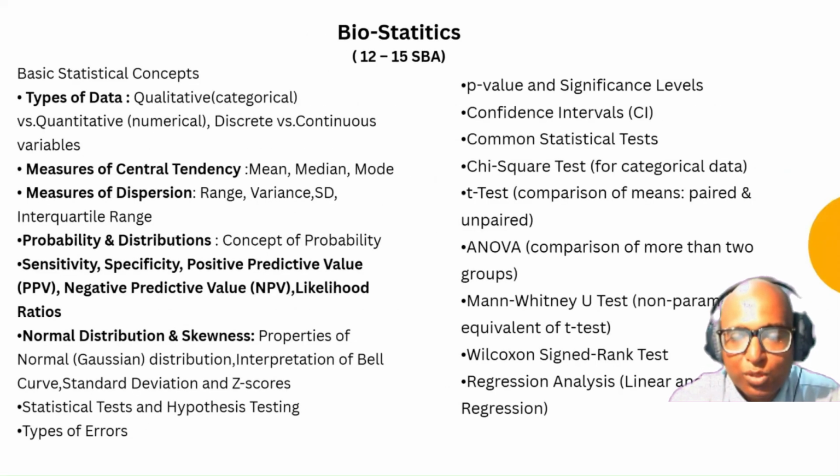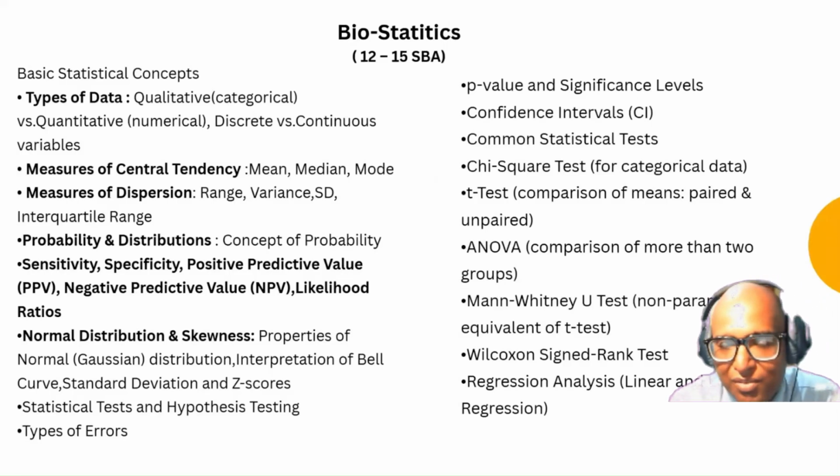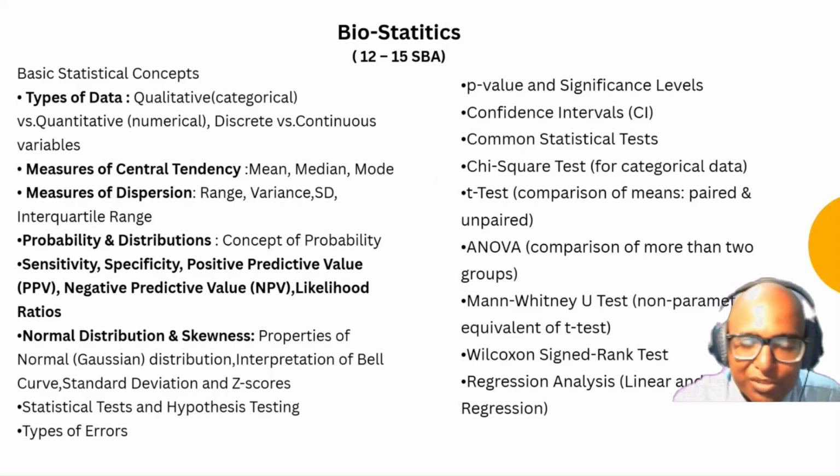Biostatistics, as I mentioned, most of the students run away from biostatistics, but mind you, this is a very scoring topic, and we go into the details of this topic, and most of the students do well if they understand these concepts well. Okay, so basic statistical concepts such as types of data like qualitative data, quantitative data, different types of variables like discrete variable or continuous variable, then measures of central tendency like mean, mode, median, measures of dispersion, range, variance, standard deviation, interquartile range, and diagnostic test.